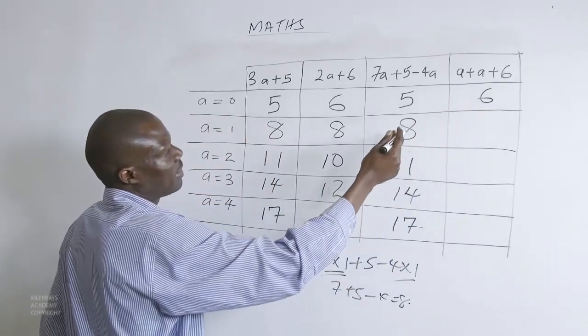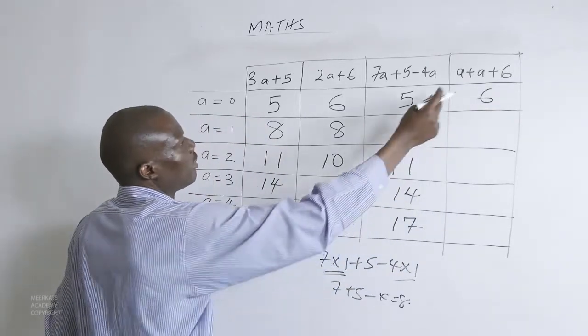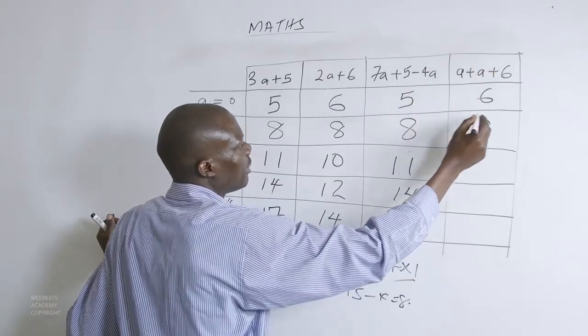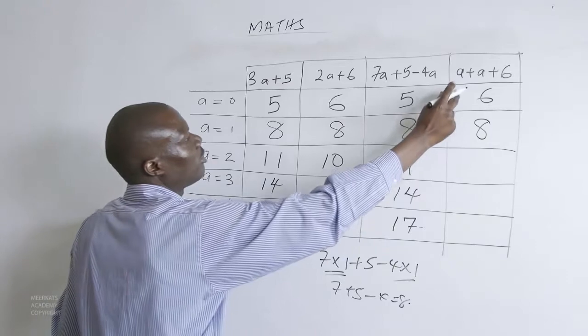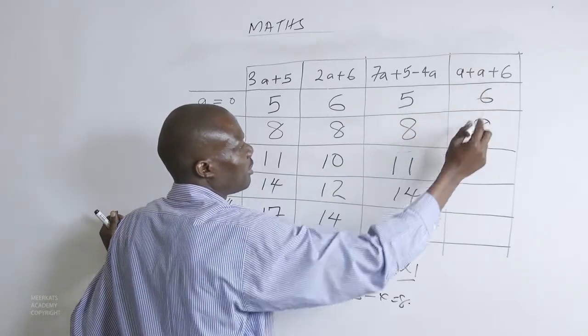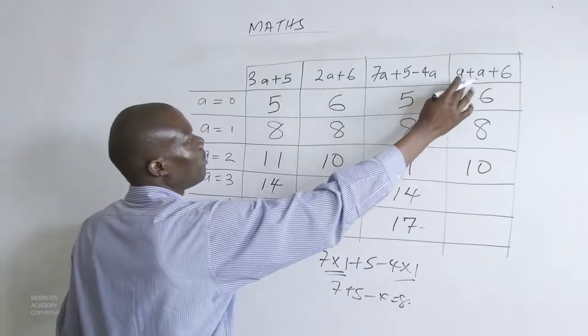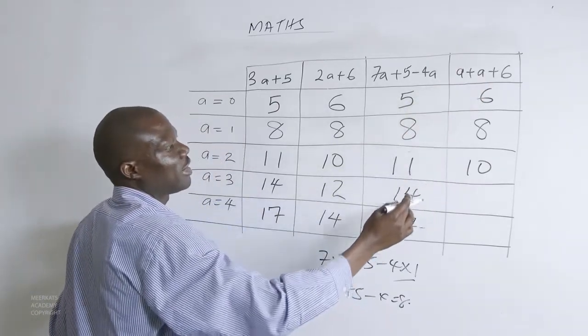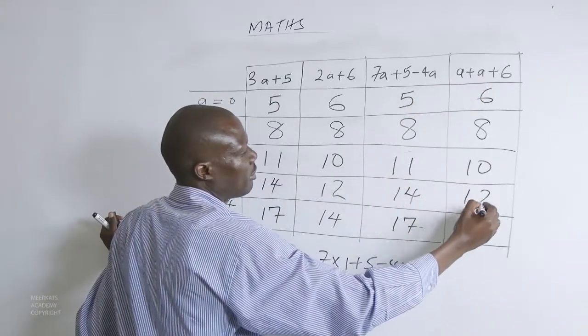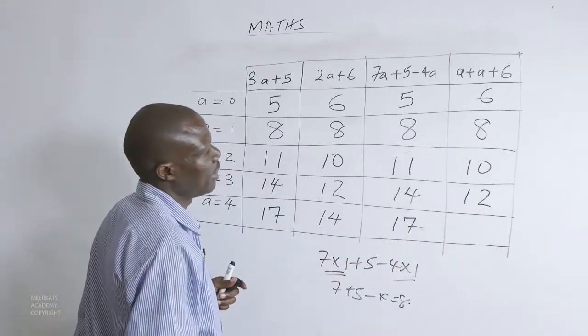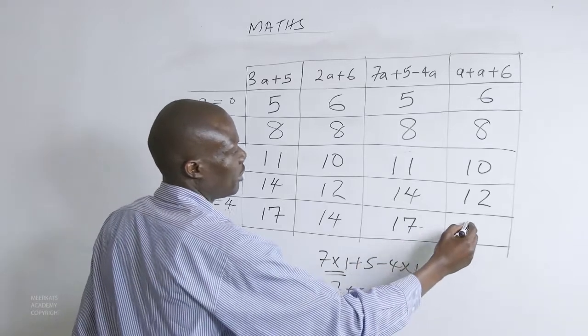Second part, it is 1 plus 1 plus 6, which gives us 8. The next one, it is 2 plus 2 plus 6, which gives us 10. The next one, it is 3 plus 3, which is 6, plus 6 is 12. And the last one, 4 plus 4, then plus 6. That one will give us 14.